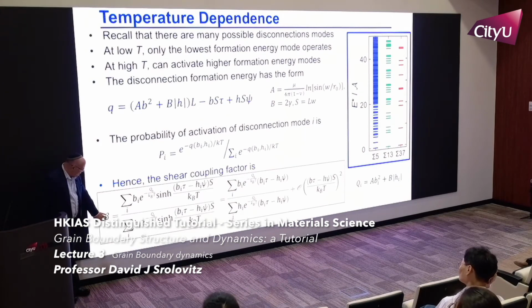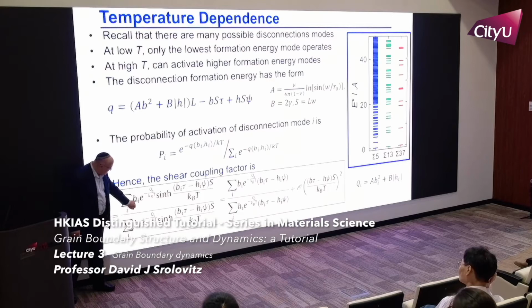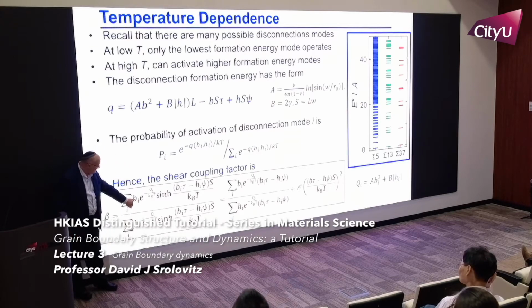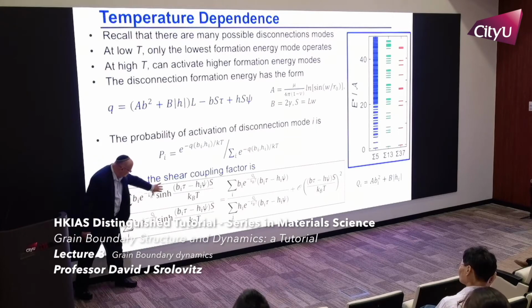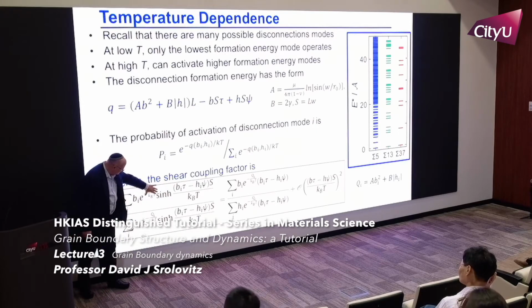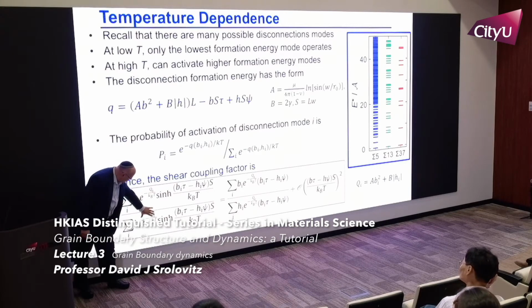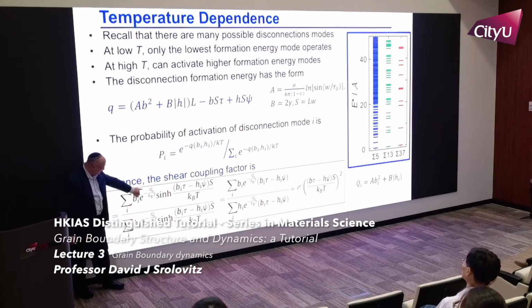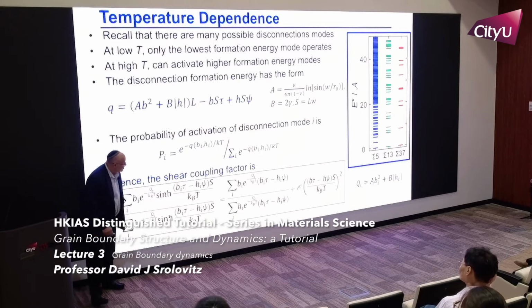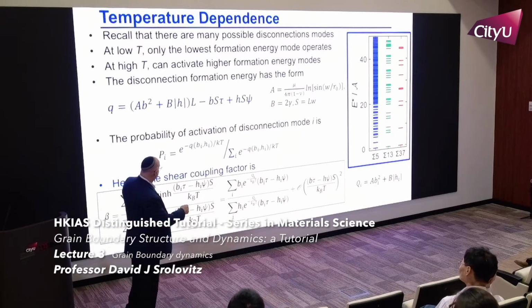So now, remember beta we said was just b over h. But it's b over h times the probability that you have Burgers vector i. This is the probability you have that Burgers vector. And this is the probability you have that step height. So it has those q's in there, where that q is just related to this one.